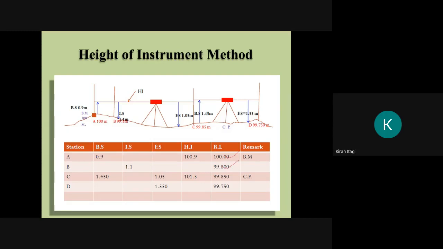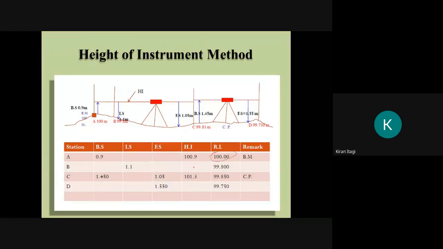Up to this point you have got it. Then we subtract from 100.9, and what we get is the RL. Then we add the backside, we get the height of the instrument. Then again, minus this one, we get the RL of that point.